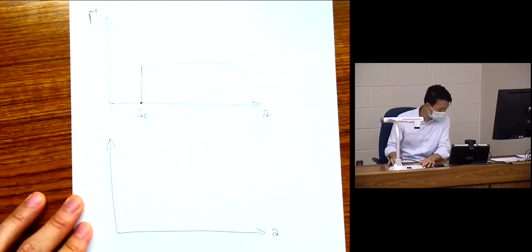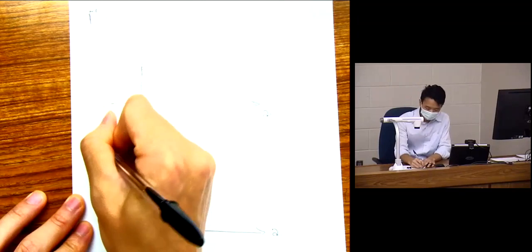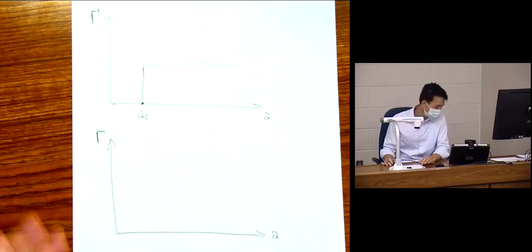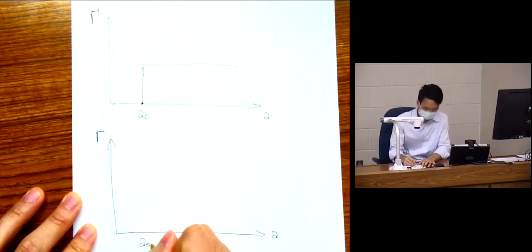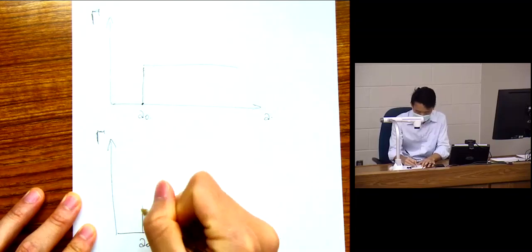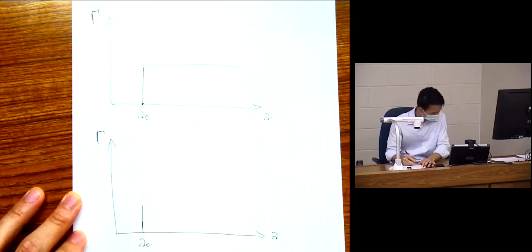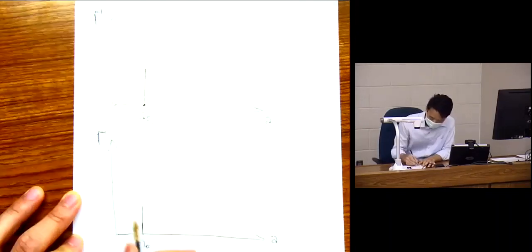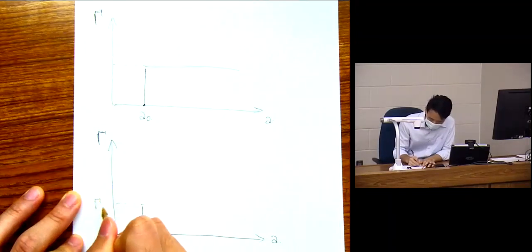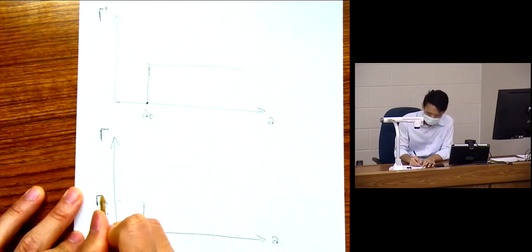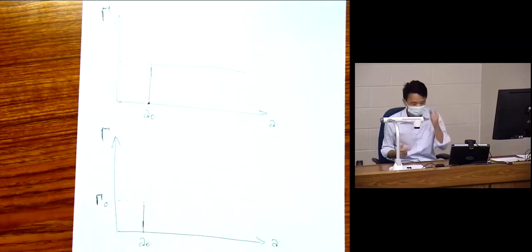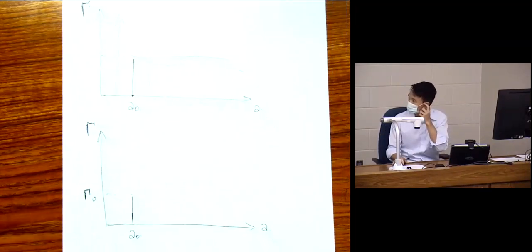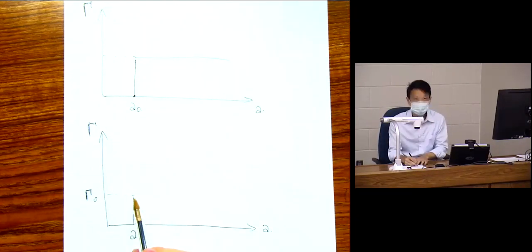So typically what you see in these resistance curve plots is something like this, right? So you have an initial fracture energy. That is the first fracture energy that starts to grow the crack.